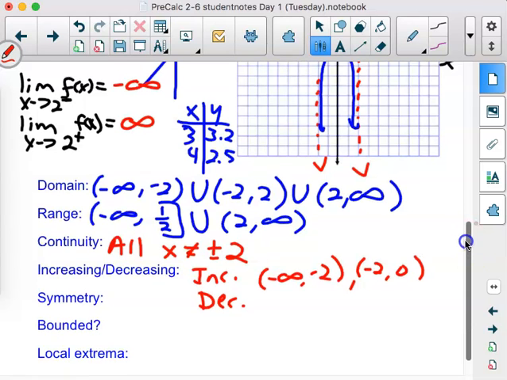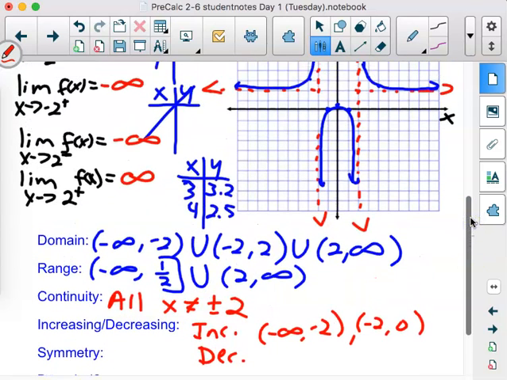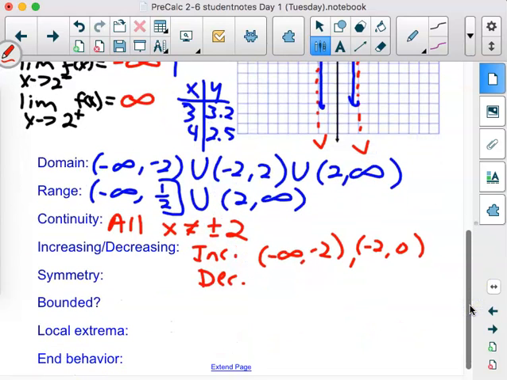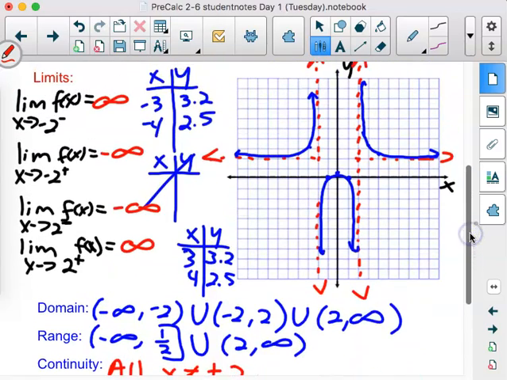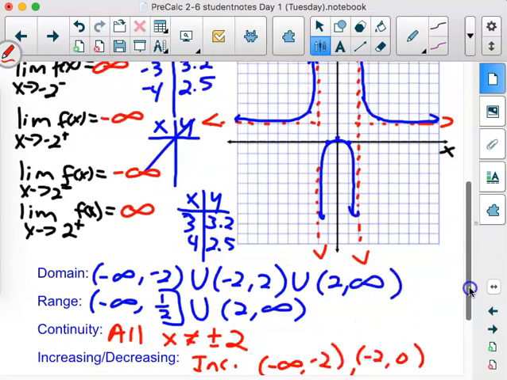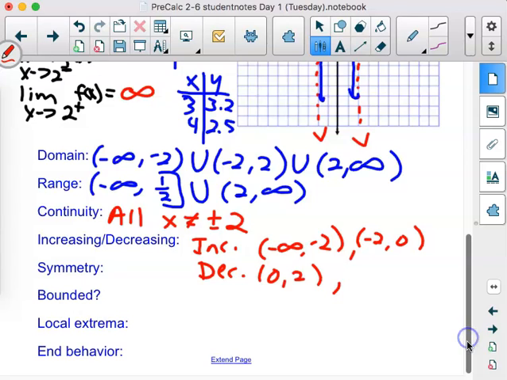Then our decreasing is from 0 to 2, and 2 to infinity. So never square brackets with increasing and decreasing intervals, and you can't use the union notation. So if you need to, put a couple of commas in there and you'll be fine.